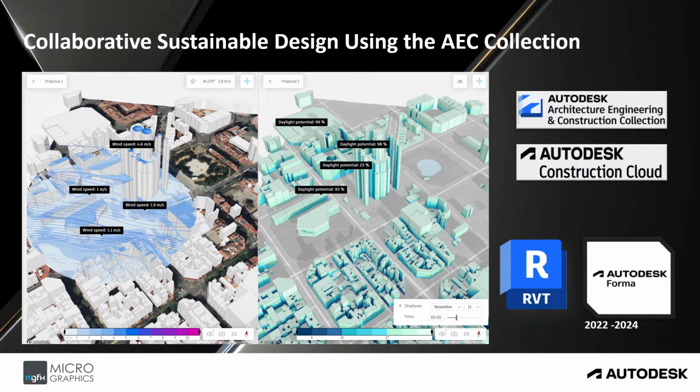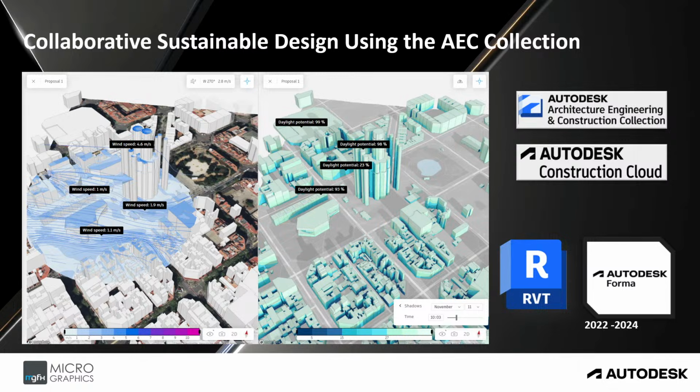Okay, collaborative sustainable design using the AEC collection. Autodesk Forma, ACC and Revit, the foundation for data-driven sustainable design. Autodesk Forma and the Autodesk Construction Cloud serve as powerful platforms for sustainable design, facilitating informed data-backed decisions early in the project lifecycle.